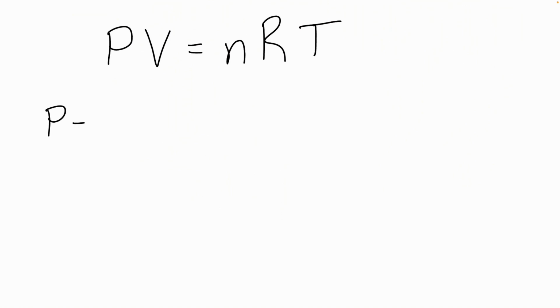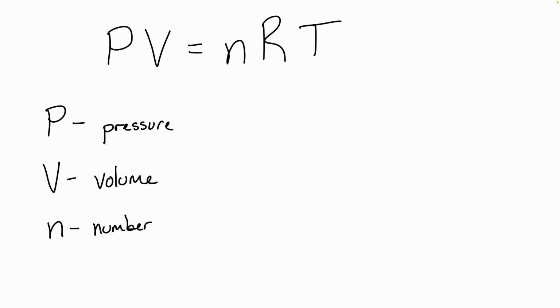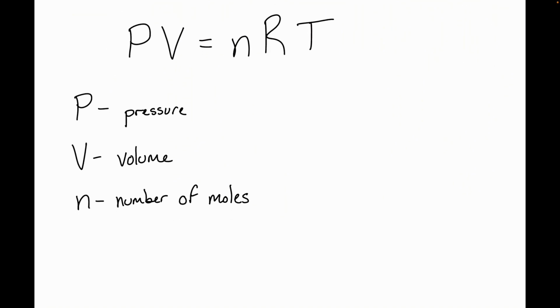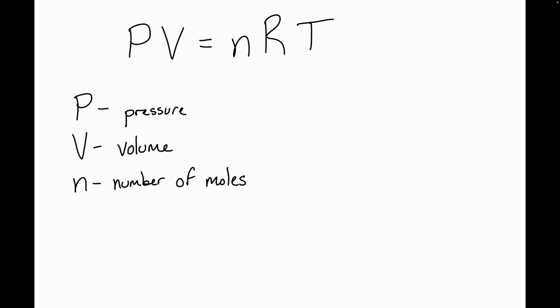Okay, P is again the pressure of the gas, V the volume, N is the number of moles. I'm going to skip over R for right now. Our last variable is T, the temperature of the gas.